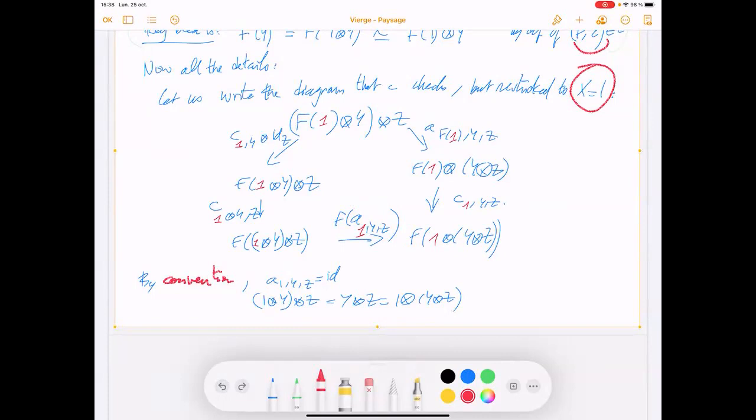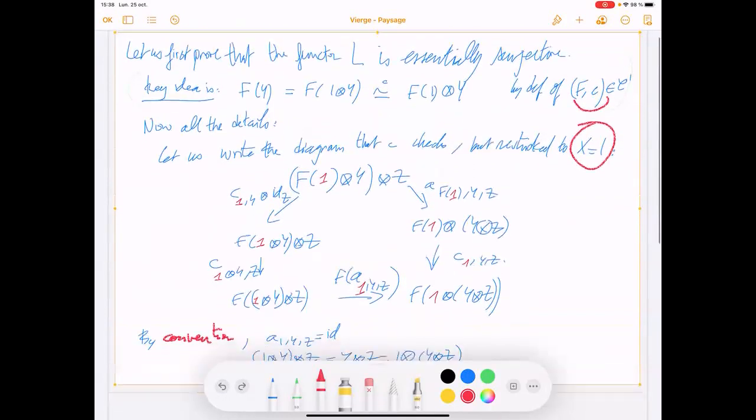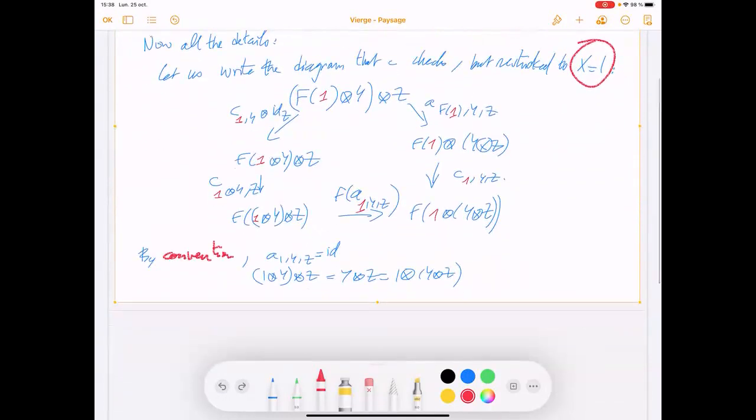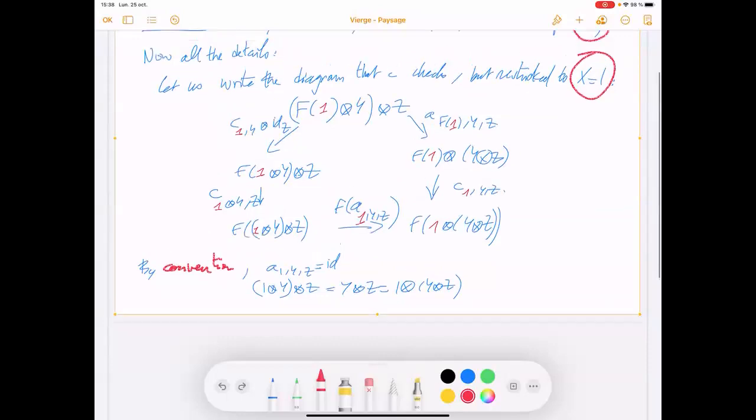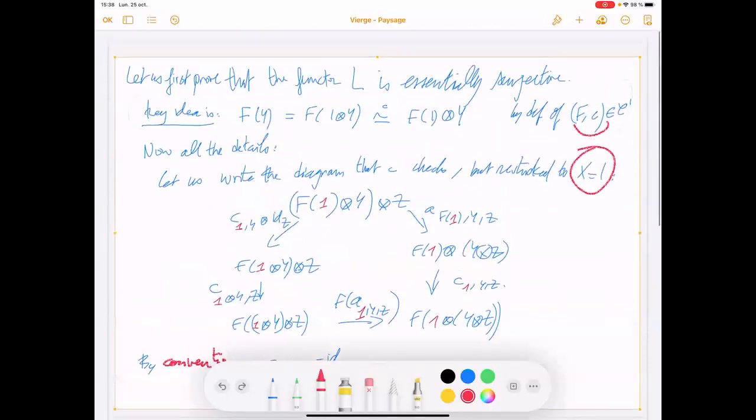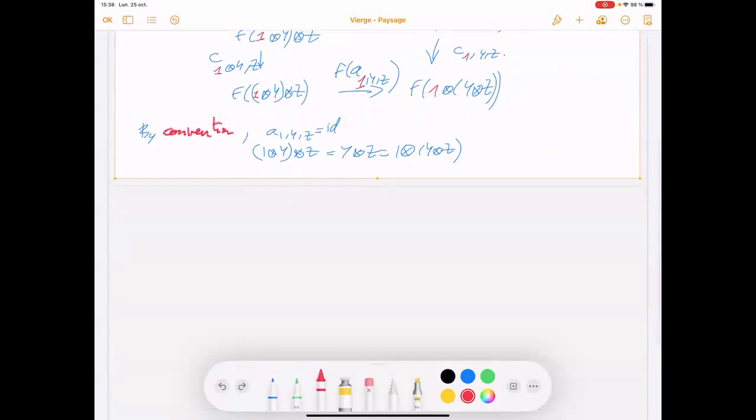But to make the proof easier to understand, I choose to use the convention also in this proof. And you can have a look at the book if you want to see a proof without this convention. You just need to get the idea.